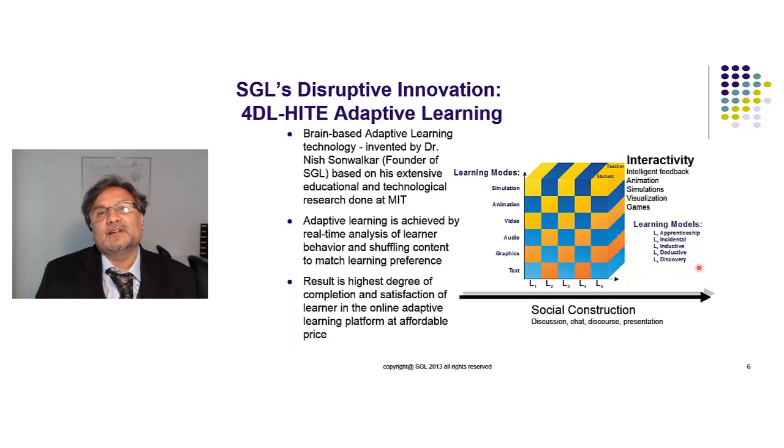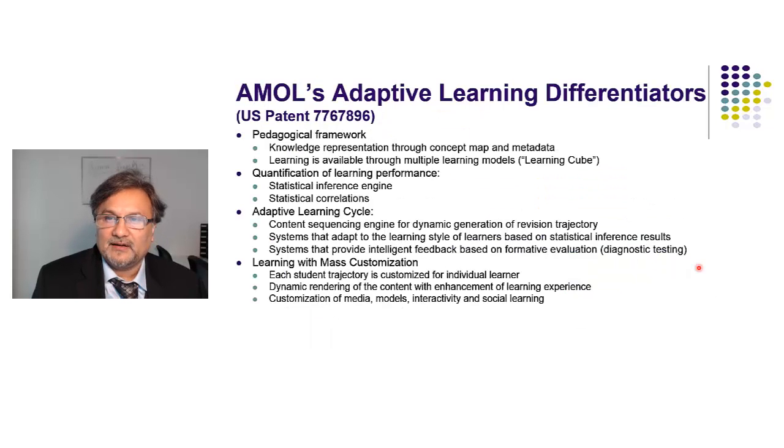So we take all the content to train in very sophisticated advanced manufacturing areas and other areas, and then using our four-dimensional cube model we can get them to a very sophisticated way of learning and get them trained and master the concepts very quickly. So this system is all about mastery based learning. So what are our differentiators?